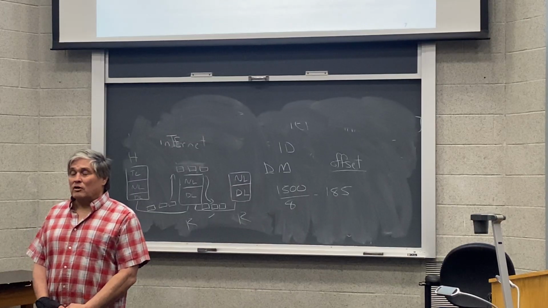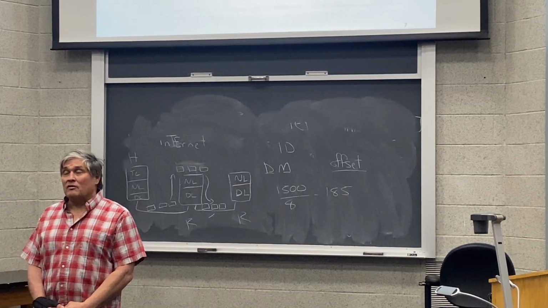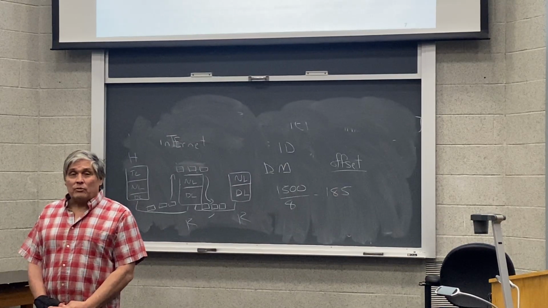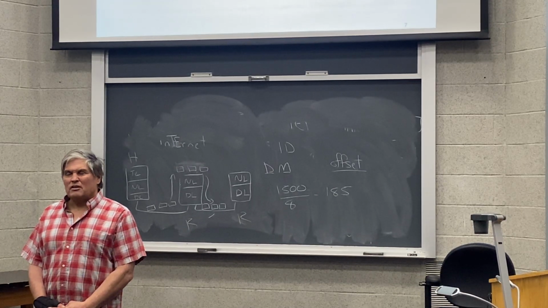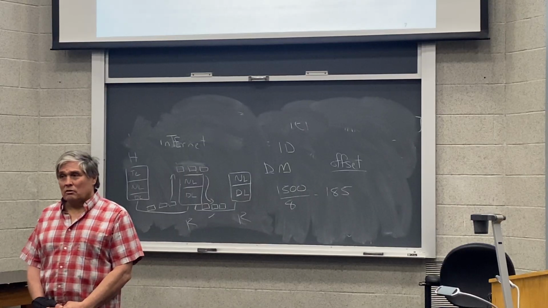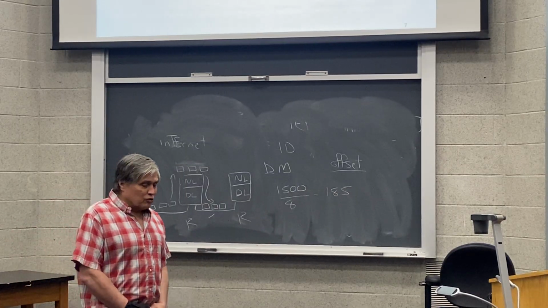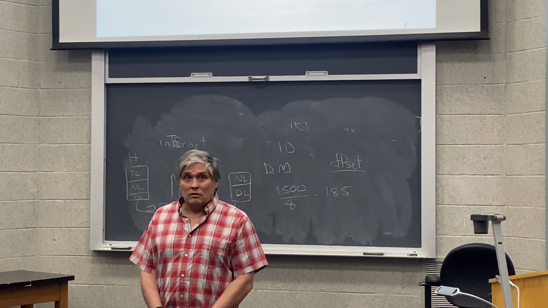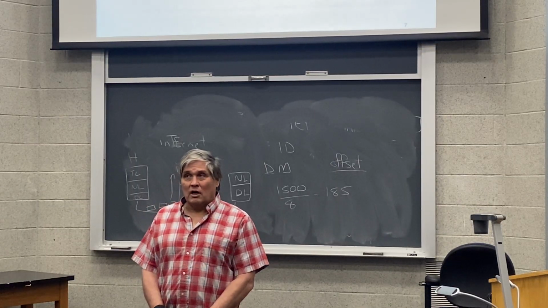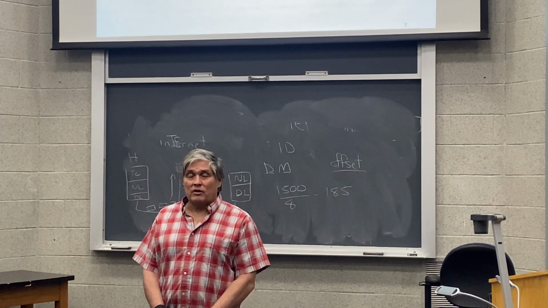The first fragment, the first packet, if you have 10 fragments, it's assumed that 9 of them are full, right? Because why would you not fill them up? And the 10th one may or may not be full. So in the first packet, the fragment offset is 0. So you're starting at the 0th fragment.